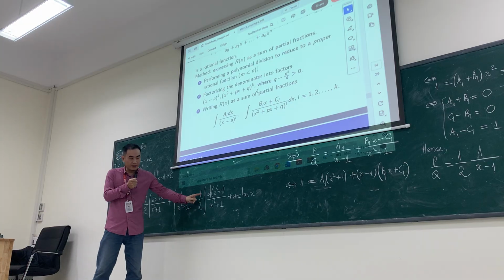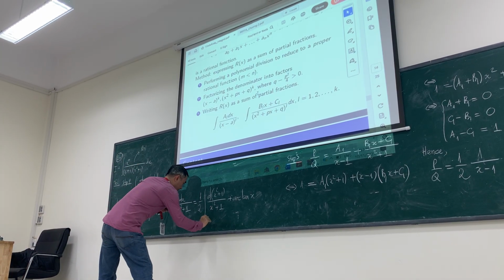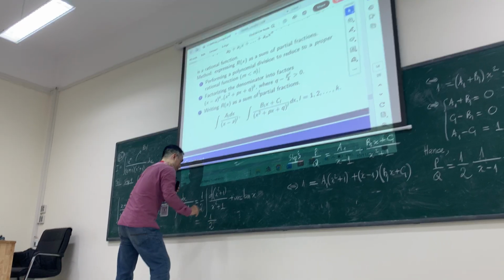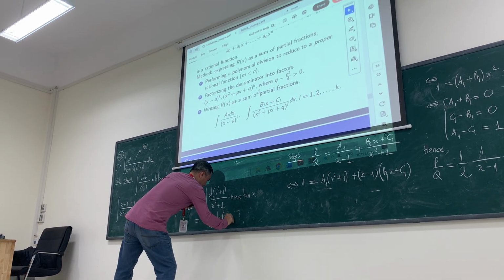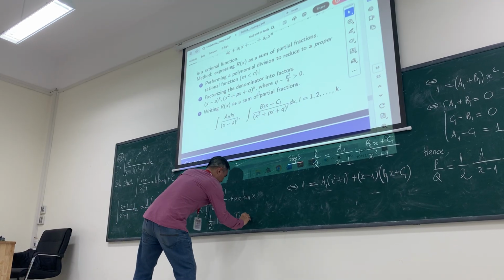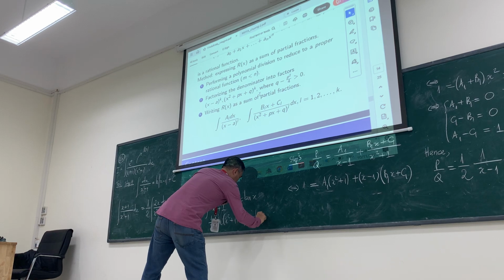To continue, the integral is equal to 1 over 2 natural logarithm of (x squared plus 1) plus arctangent x plus c.